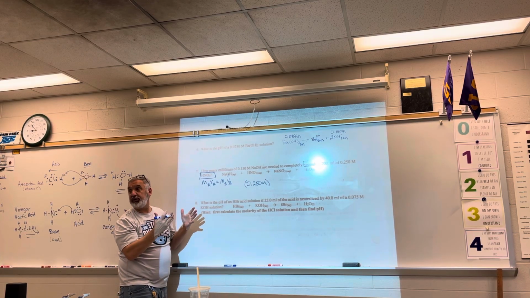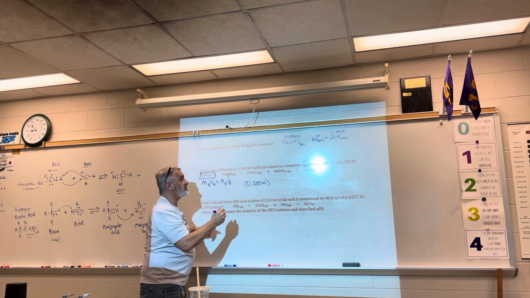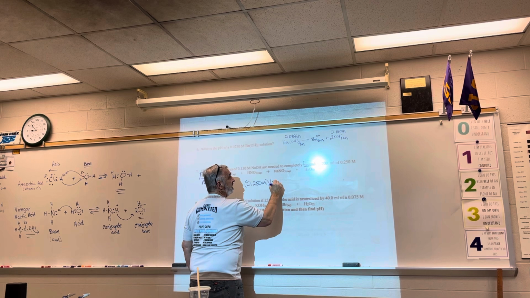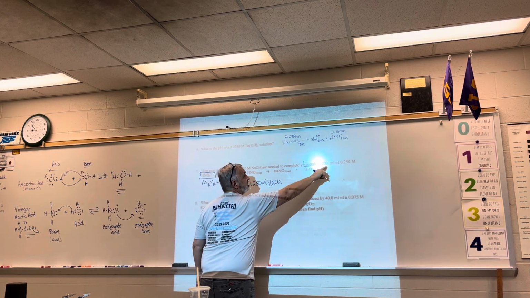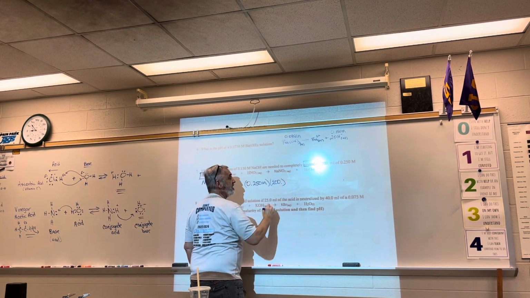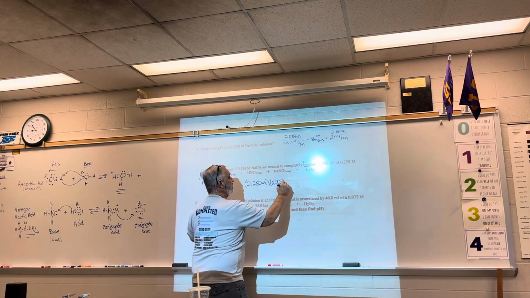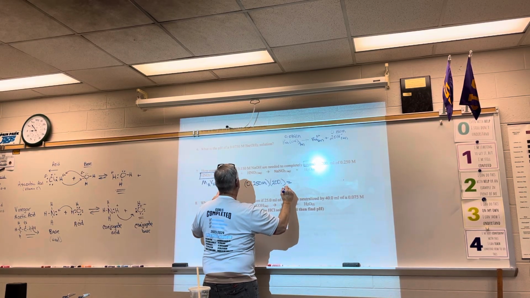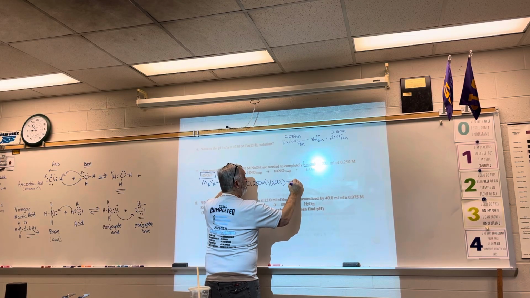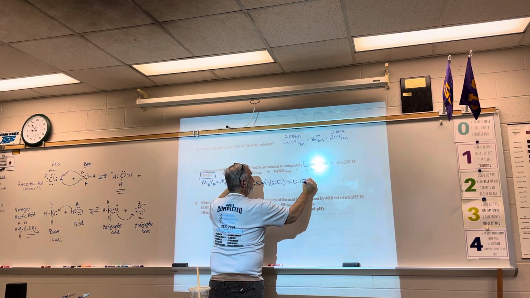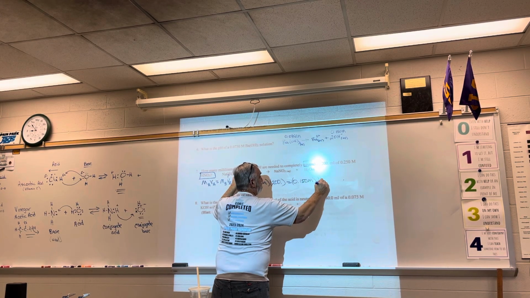So you can keep it in milliliters. So I can just say 200 milliliters. And what's that decimal point mean? This is exact, 3 sig figs, is equal to the molarity of the base, which is 0.150 molar, times the volume of the base.